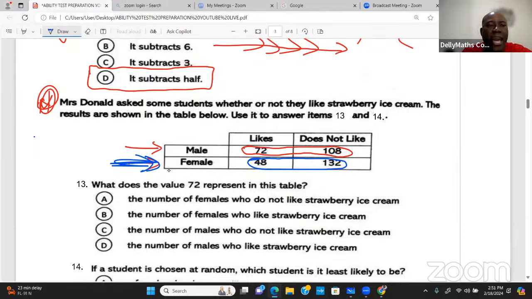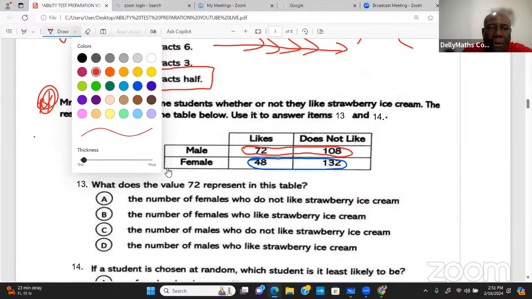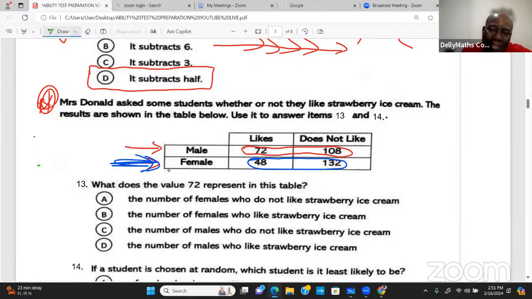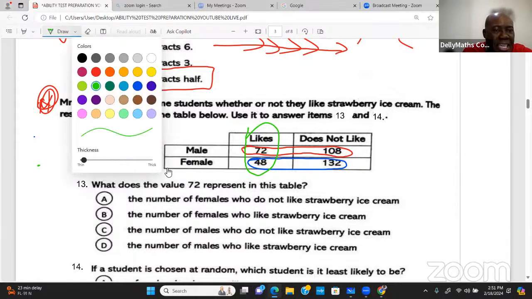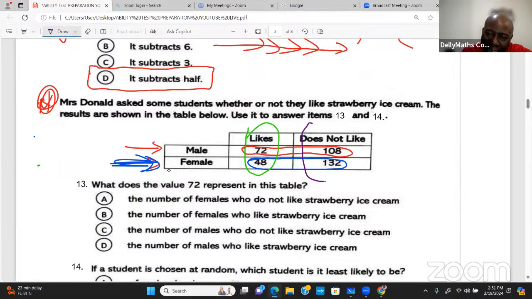And if you're thinking about liking things, everything that we like is in green, and everything that we dislike, I'm going to put in purple. So if you do not like it, it's these numbers. There are four different things going on, and we're going to have to be very careful as it relates to what they want. The question says, what does the 72 represent in the table?